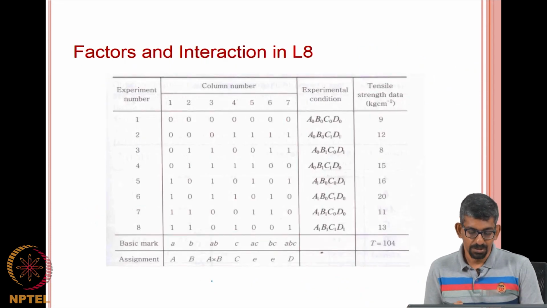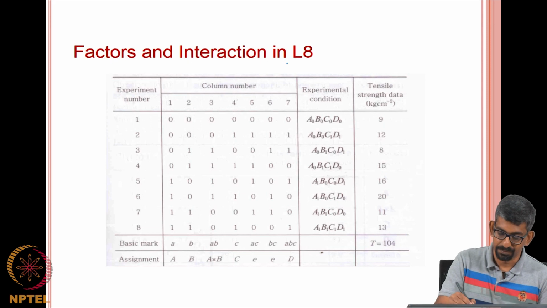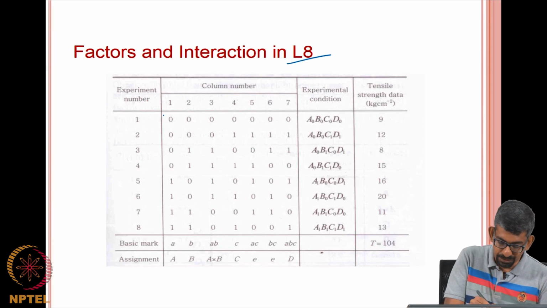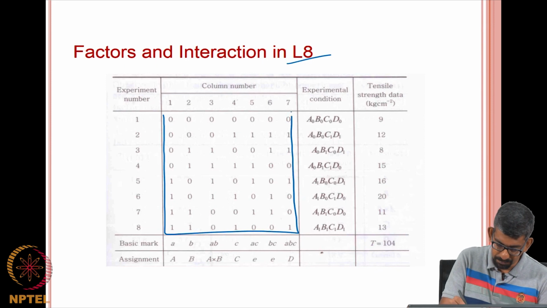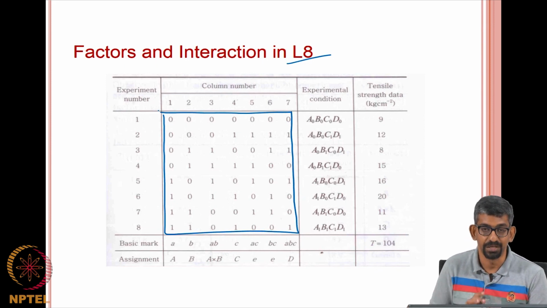Okay. So, this is a generic orthogonal array for an L8. It does not matter what example you are looking at. You can use this, the array is fixed. We do not have to do any research, it has already been done.